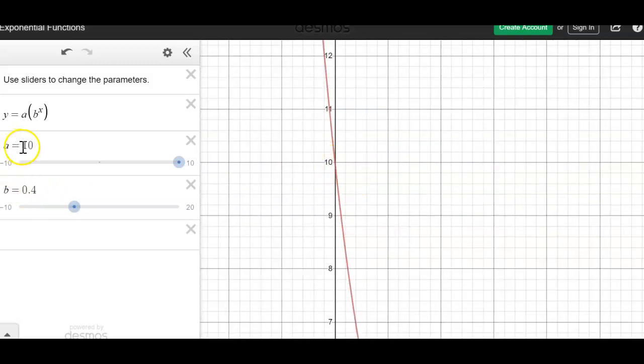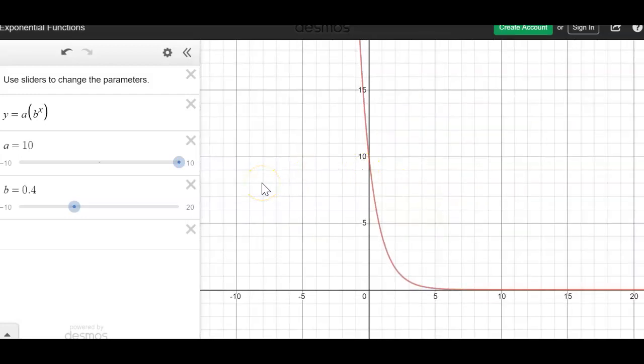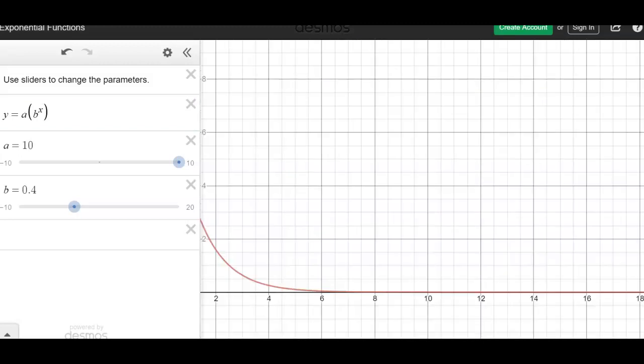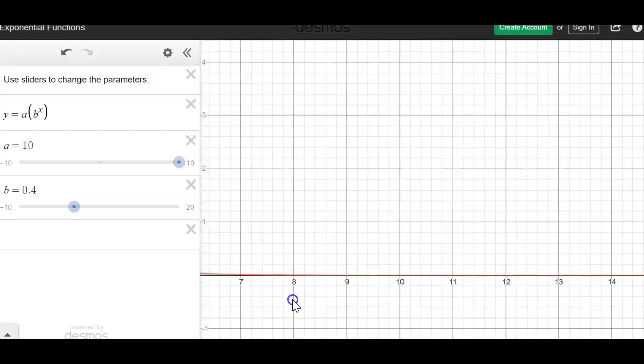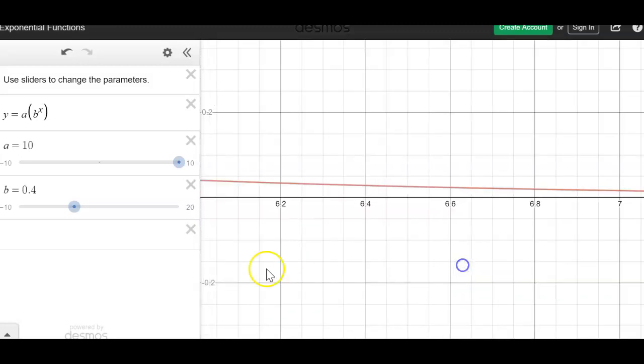If a is equal to 10, the y-intercept is still at 10, right? But in this case, we are decreasing as the value of x increases. This is exponential decay, where your ratio is a positive number less than 1. You're multiplying by a number less than 1 over and over again. That's going to shrink your value. It's going to stay positive, but if we look here close to the x-axis, it's going to get very small very quickly, right?